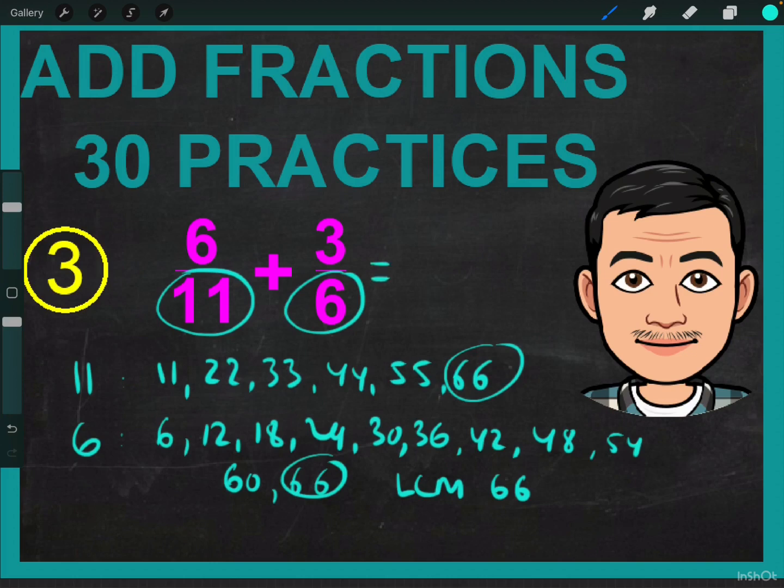From there, we multiply 6 by 11 for the first fraction. Also, for the second fraction, we multiply 11 to both 3 and 6.